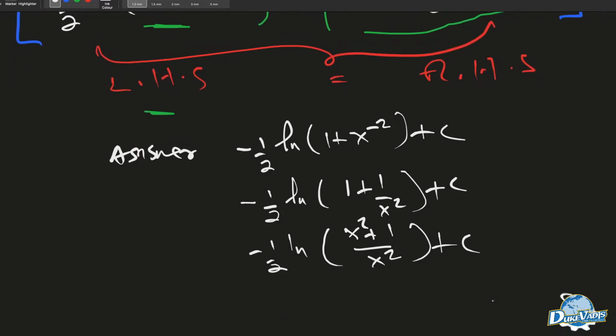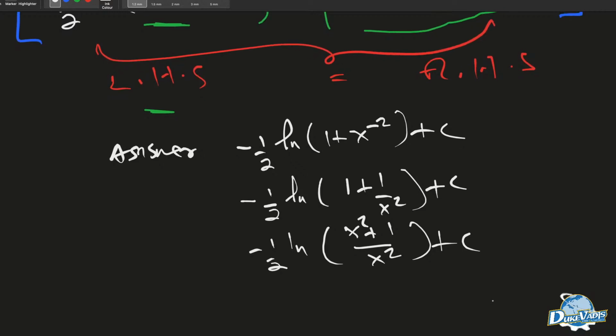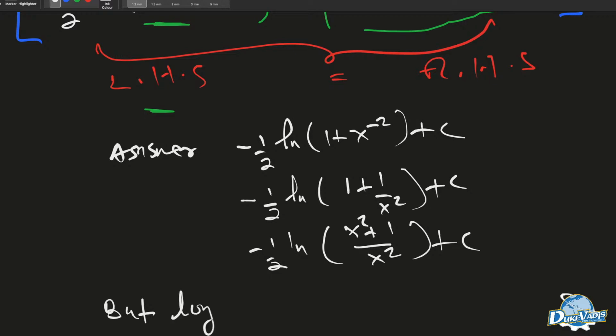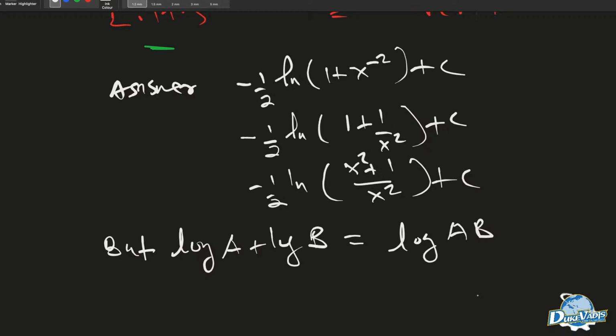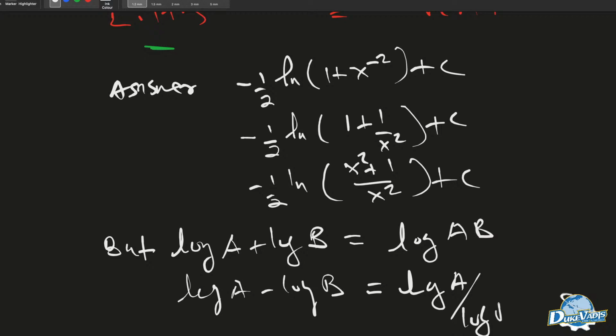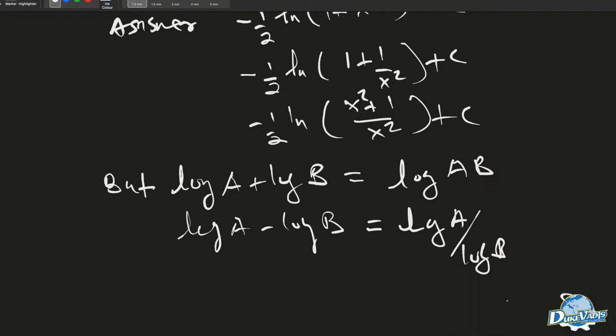Is it not beautiful? So, look at it. We know that if we have log a plus log b, it equals log of the product ab. And if we have log a minus log b, then it's going to be log of a divided by b.